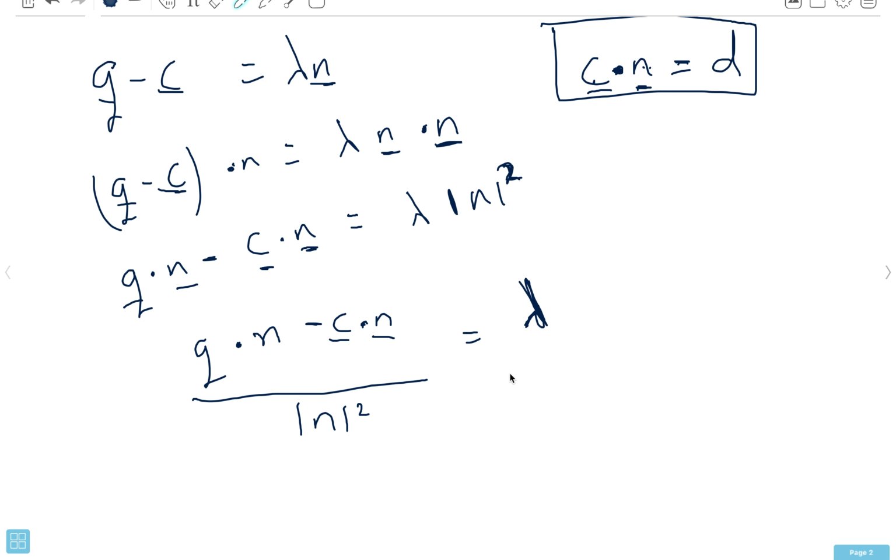So what we have here is Q dot n minus d, over mod n squared, which is equal to lambda. When we get given the plane, we will have d, because whenever we define a plane, we always have d on the right-hand side.